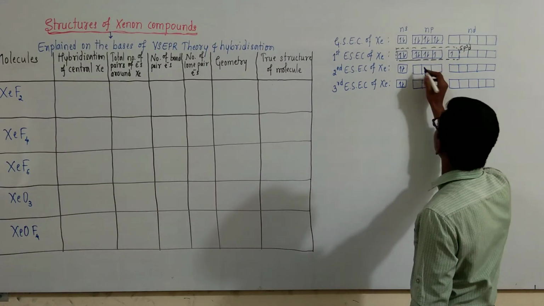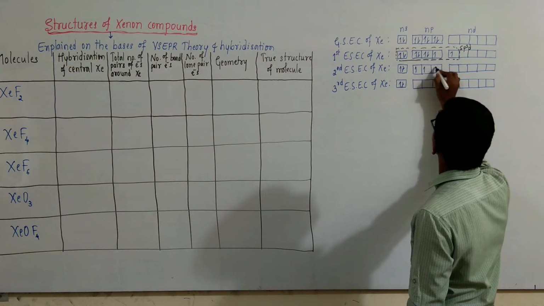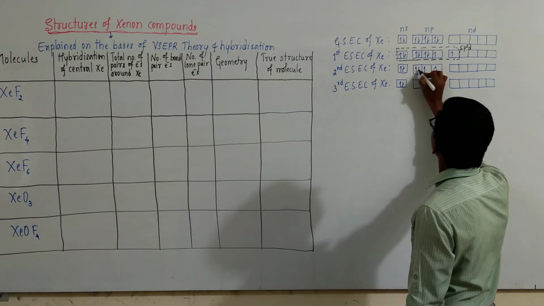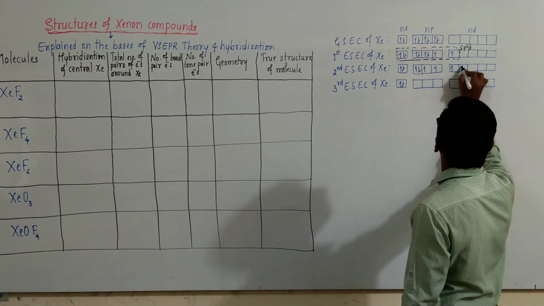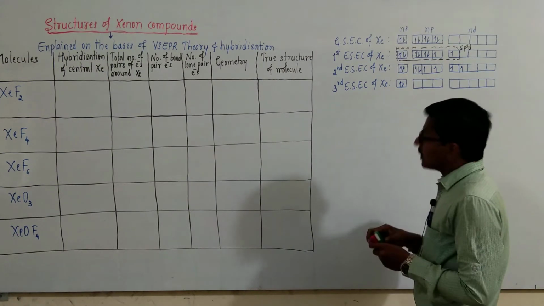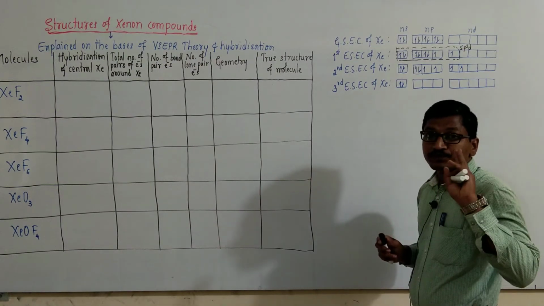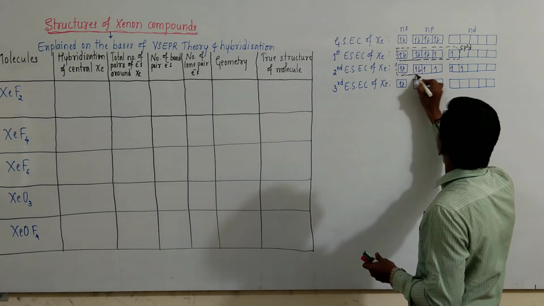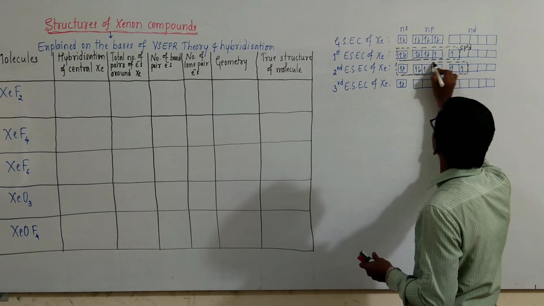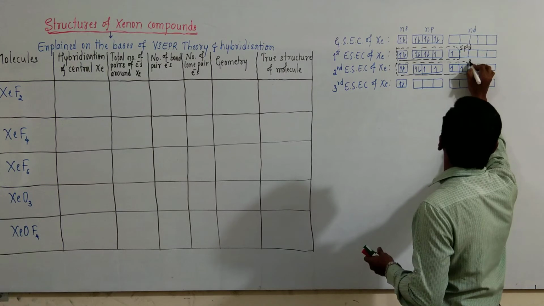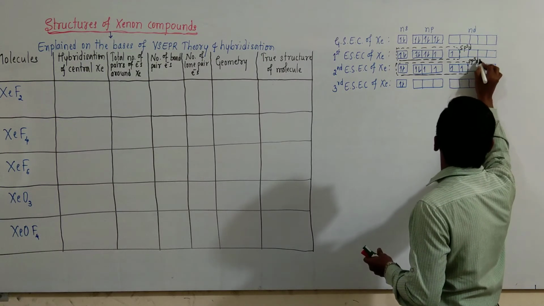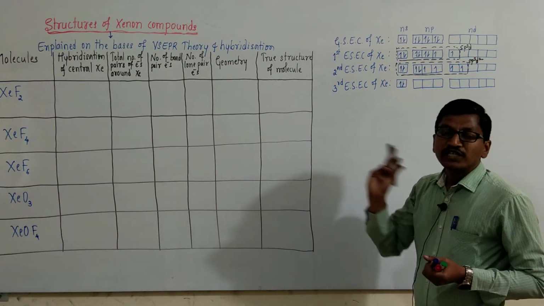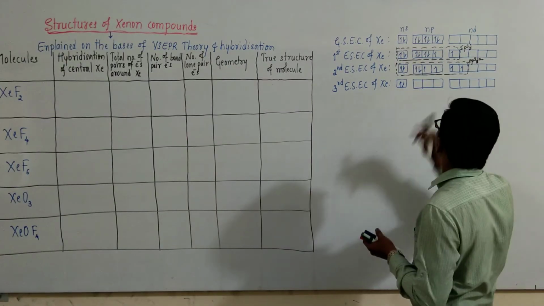In the second excited state electronic configuration, one more paired p electron is unpaired and shifts to the vacant d orbital, and it forms 6 equal energy hybrid orbitals, and the hybridization of this xenon is sp3d2, and it forms 4 fluorine xenon bonds because of 4 unpaired electrons.